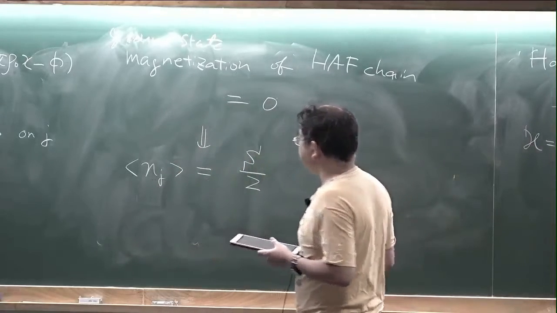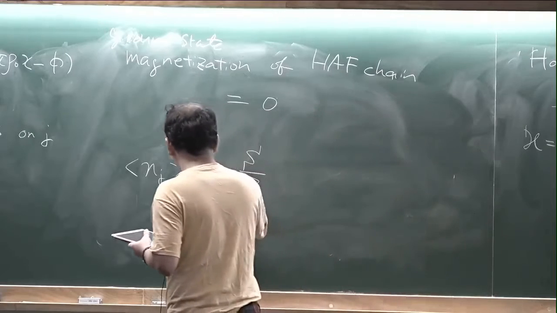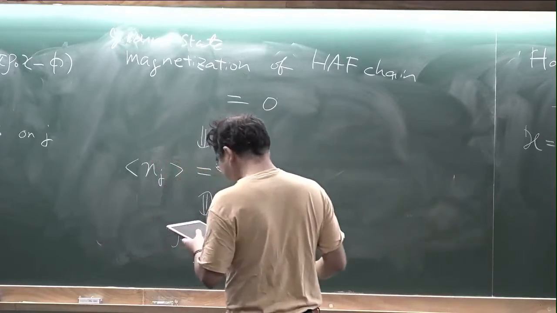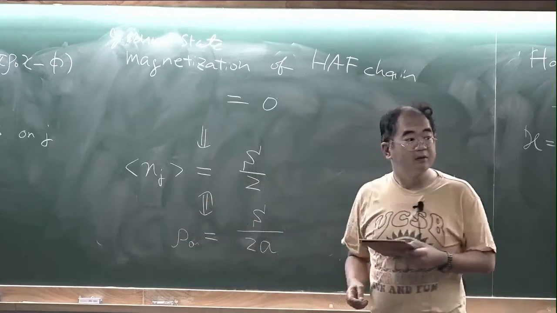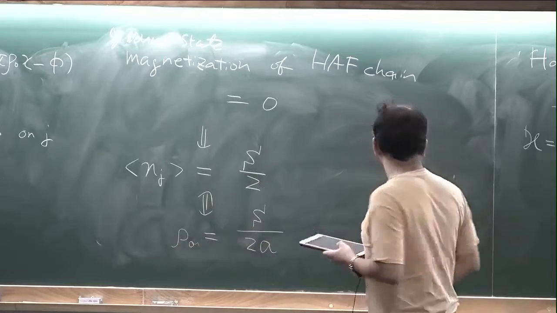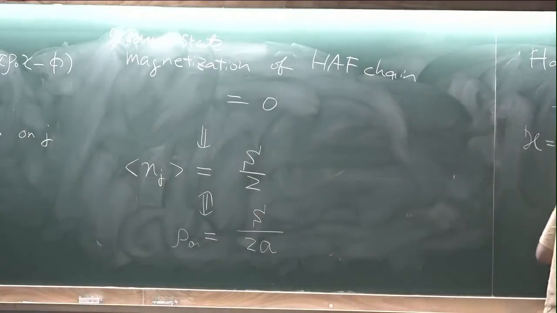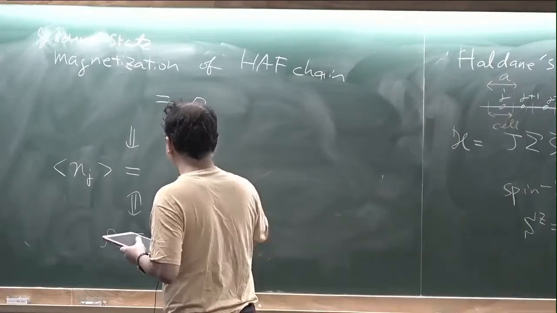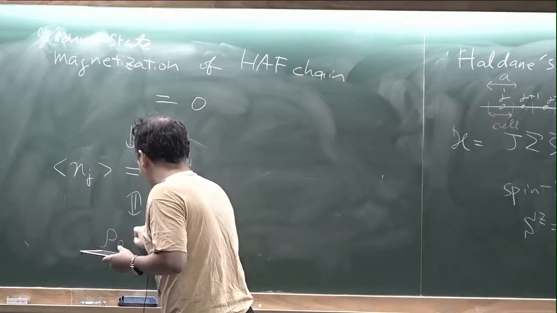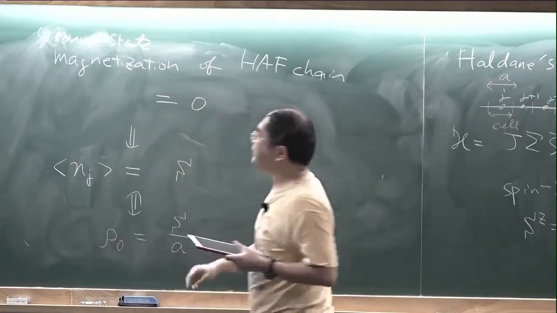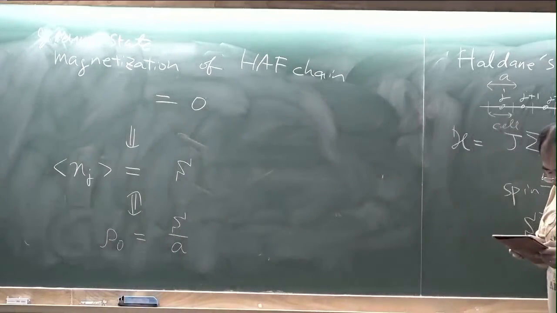So that, and this, each site corresponds to a cell of length a, which means that the average density of particles must be S over a. Is it 2S? 2S, yeah. Yeah, sorry, you're right. So the S^z average should be 0, so yeah, sorry, you are right. So this average must be S. Then this ground state average particle density must be S over a. So you must use this value here, and do the integral.